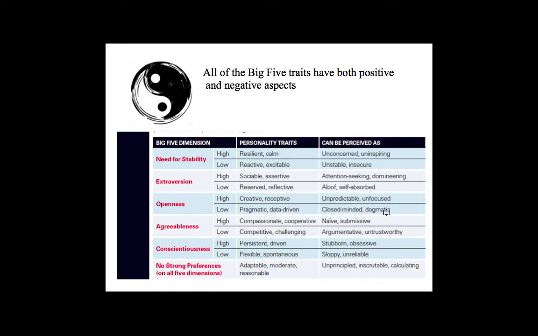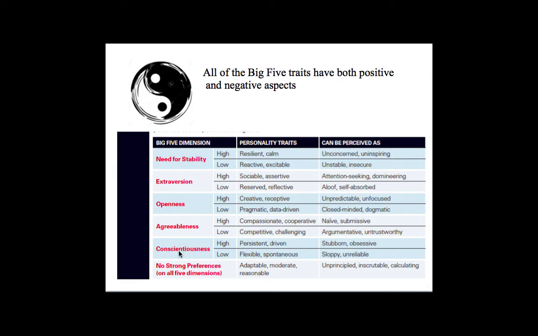So you can see how if we're too extreme on the traits, high stable people can be seen as uncaring or uninspiring, reactive and excitable people as unstable or insecure. So you can see how developing a certain amount of balance on these is valuable.